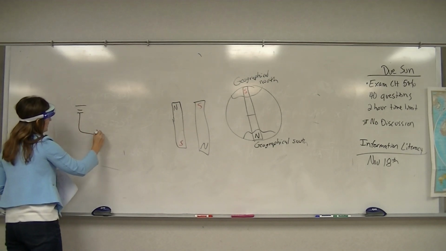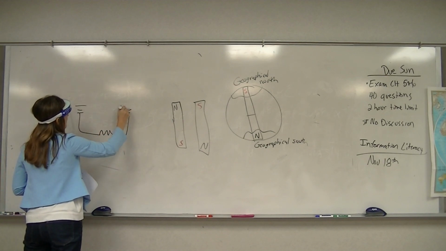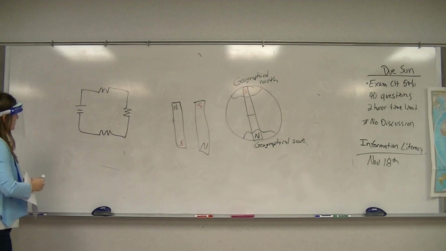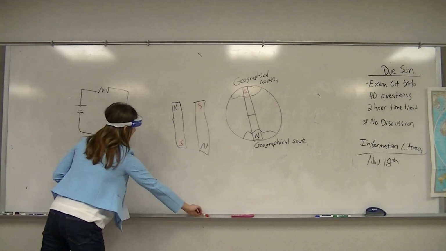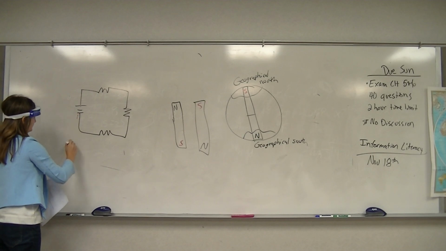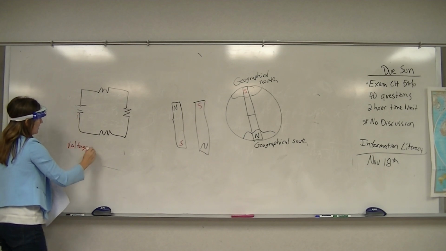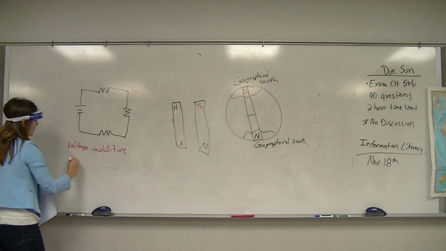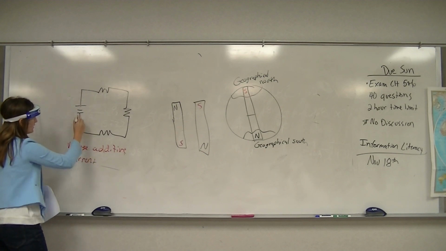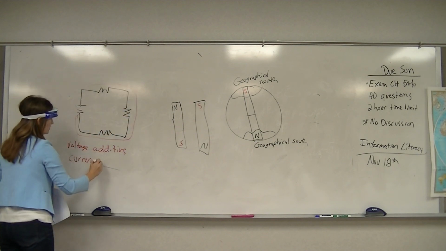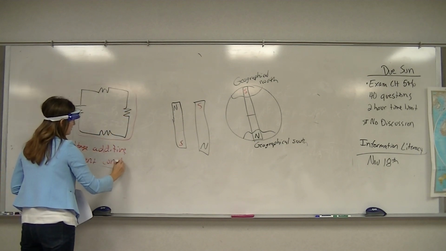So just to remind you, in a series circuit, the voltage is additive. The current, remember, it's the same current going through each one of the resistors, so the current is constant.